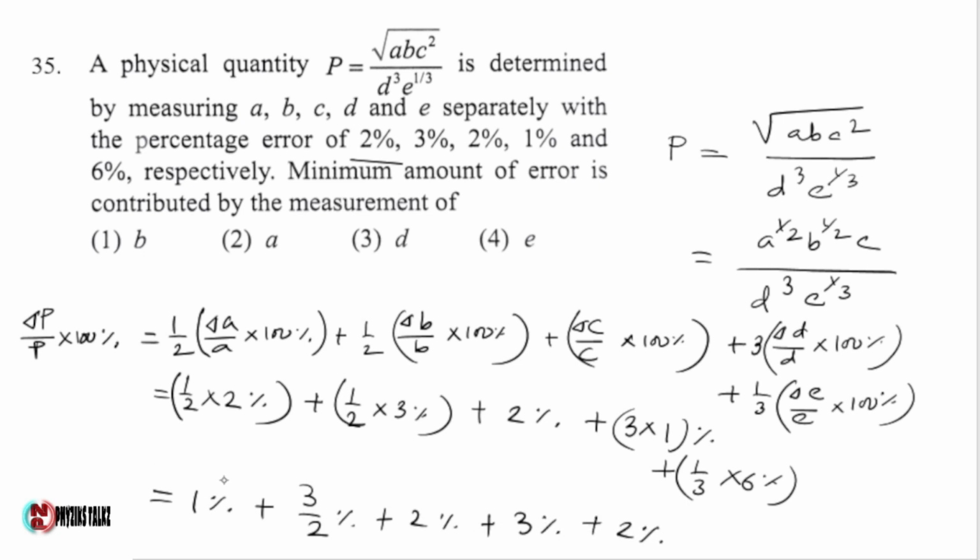So the lowest error is from A. So the minimum amount of error is contributed by measurement of A. So the correct option is option 2.